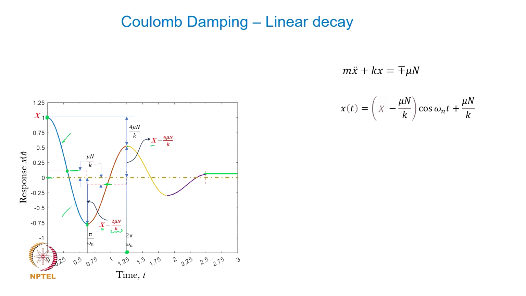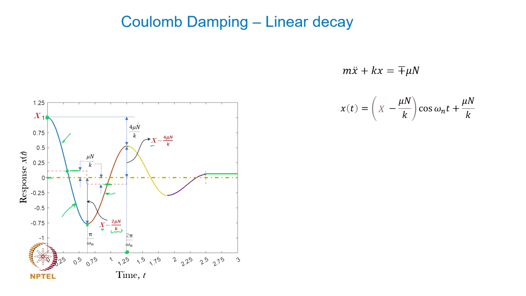In this half cycle it follows one particular equation of motion, let us say m x double dot plus k x equal to plus mu n, and in the other half cycle the sign of that friction force changes and some other equation, slightly different in terms of the sign of the friction force, applies for the second half. But for one full cycle the governing equation is not the same the way we have in case of a viscous damping or a structural damping.